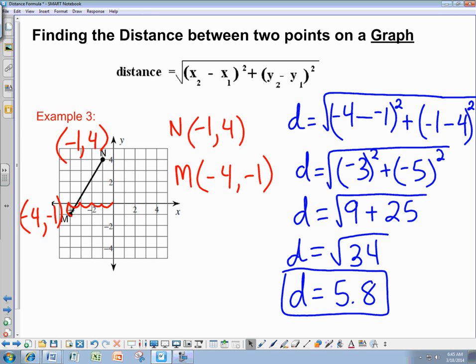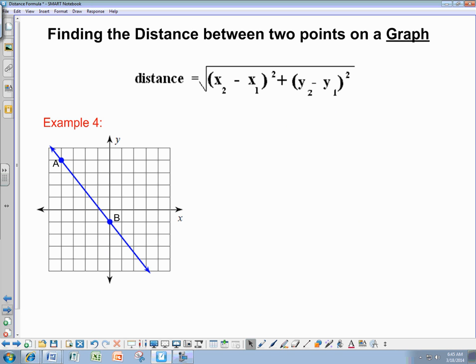All right, in our last example, we're finding the distance between A and B. Now again, we're going to find the location of A and the location of B first.